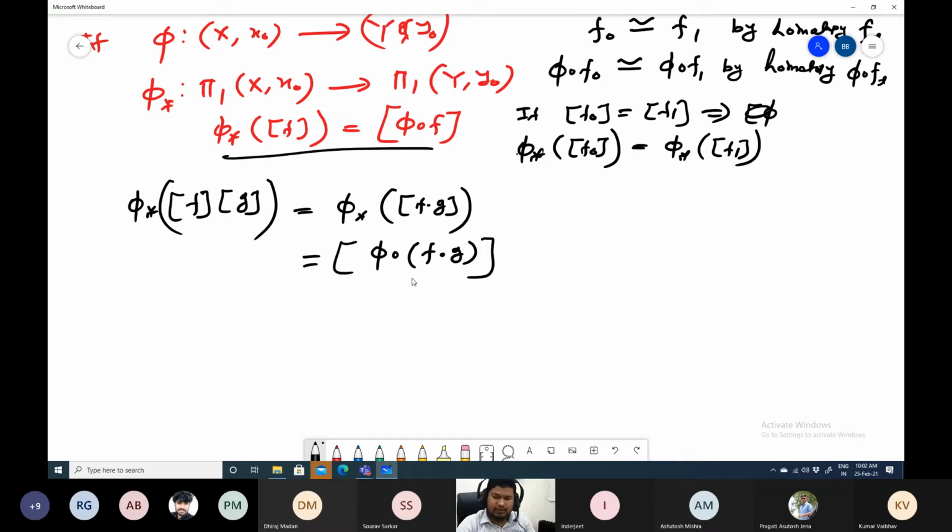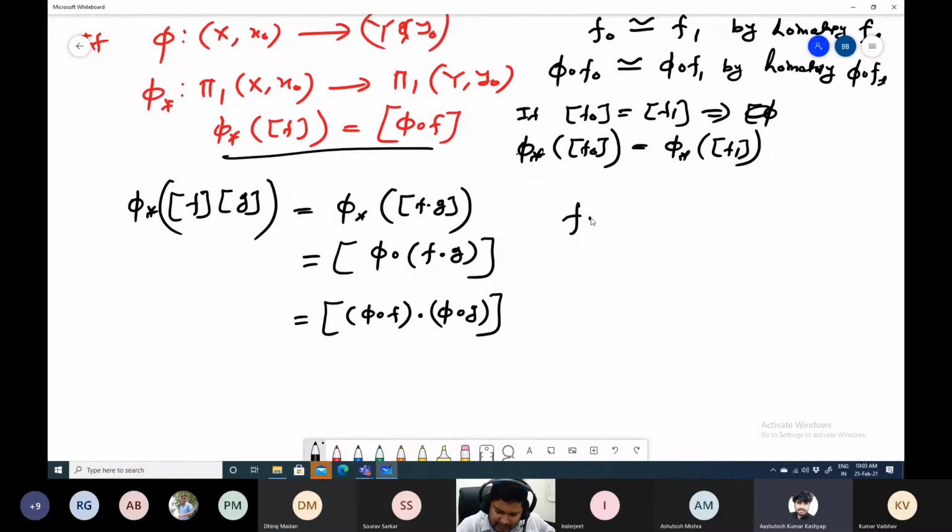Now can you tell me what we can write this as? Phi composed with f dot phi composed with g. Right. Now is it clear to all of you, or do you want me to show this? Yeah, show, it's fine.